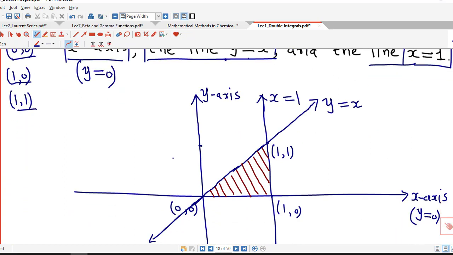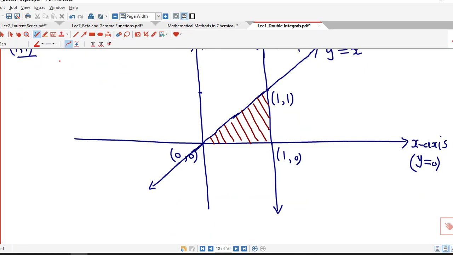So in this problem, we consider the order of integration as first with respect to y and then with respect to x. Now, if we want to integrate with respect to y first, we have to consider a vertical line passing through the region. Suppose this is the vertical line passing through the region R of integration.